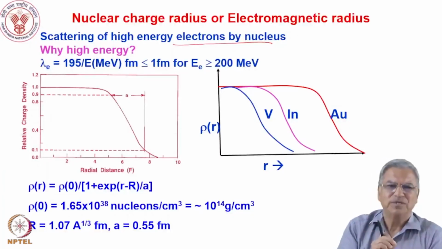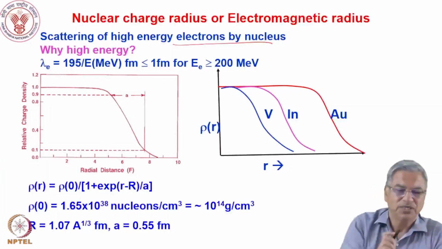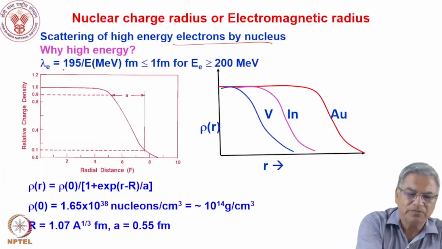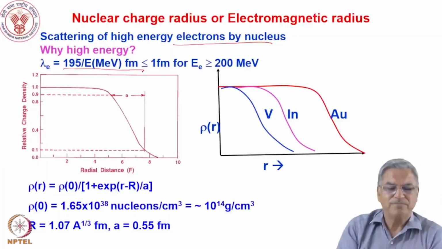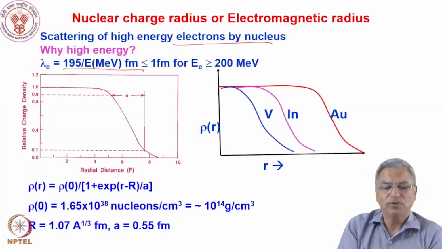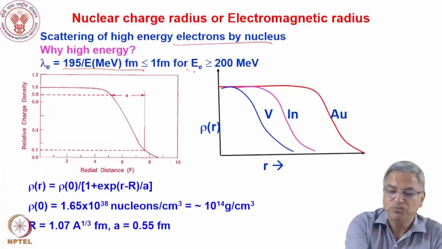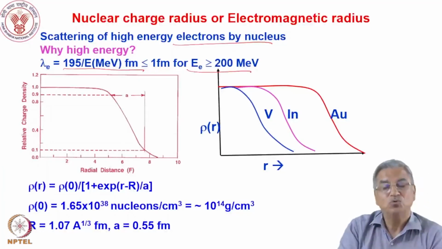Therefore, you can use the de Broglie wavelength to find out what kind of energy the electron should have to probe the structure of the nucleus. The wavelength of the electron can be given by 195 upon E, where E is in MeV and it becomes wavelength in Fermis. So if the wavelength of the electron has to be less than 1 Fermi, then the energy of the electron has to be more than or equal to 200 MeV.